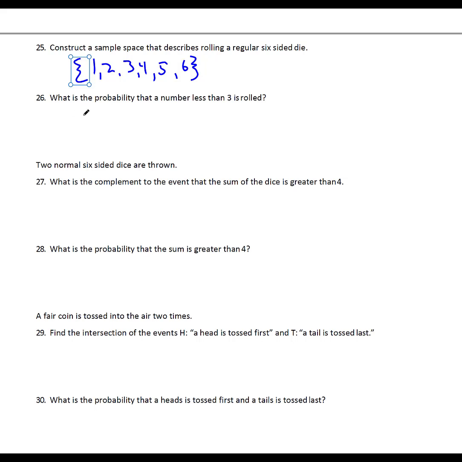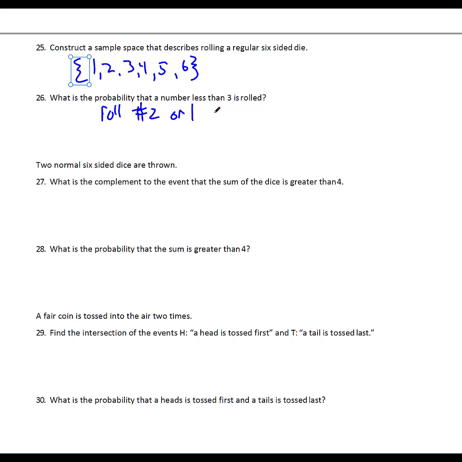What is the probability that a number less than 3 is rolled? Well, if you're just rolling one die and looking for less than 3, you could roll a 2, or a 1.